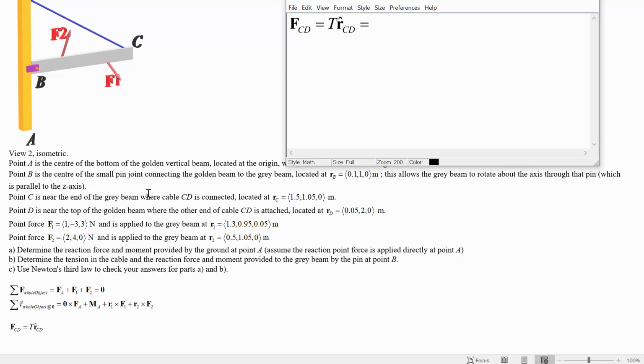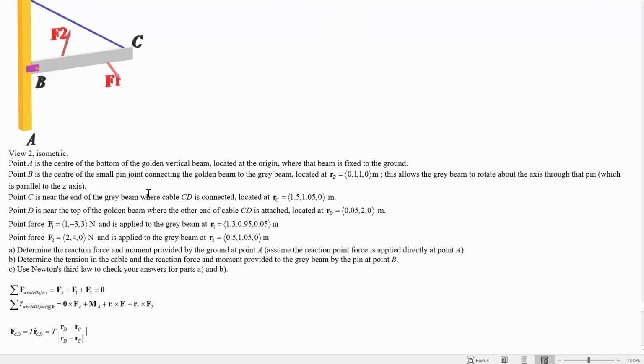So we'll say that this is equal to the tension times the vector from C to D. And the vector from C to D would be R final minus R initial. So RD minus RC, like usual. Let's call this, well, I mean, that's RCD, so that's fine. Over the magnitude of itself. That's how you make a unit vector.